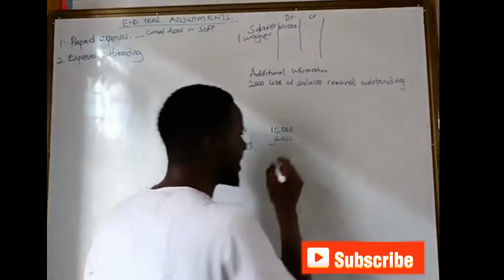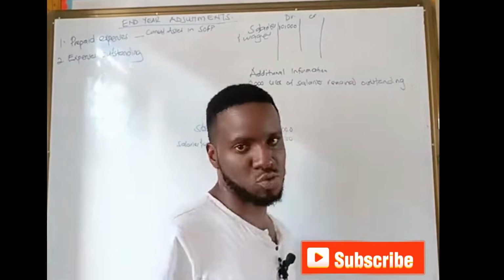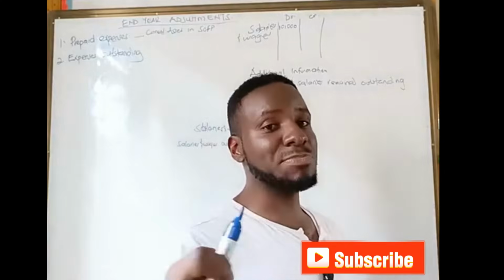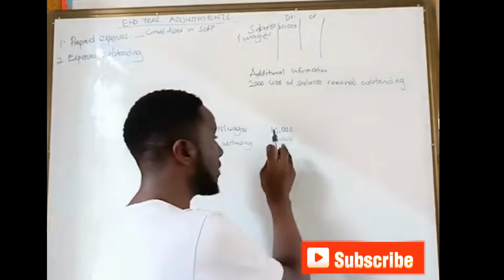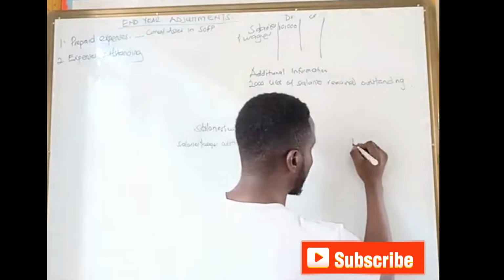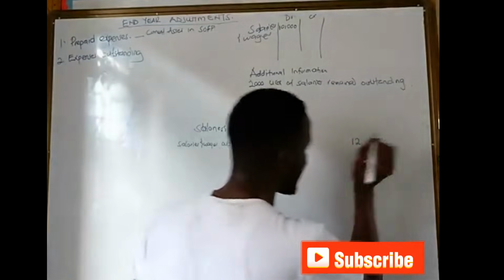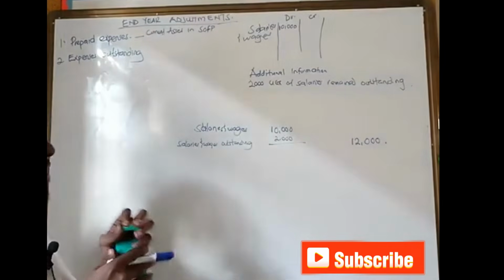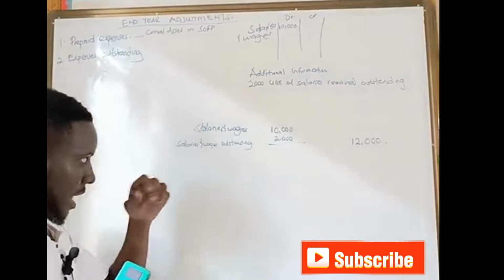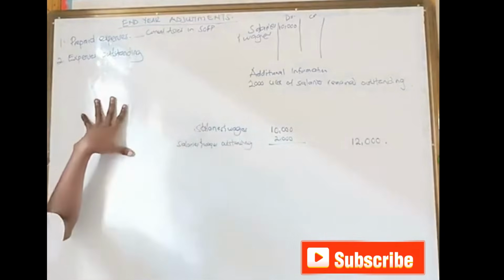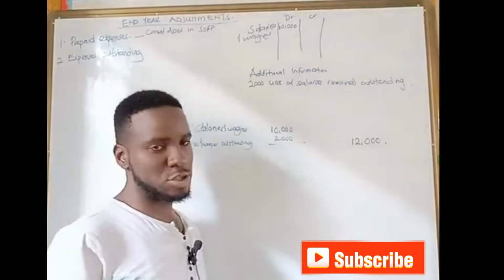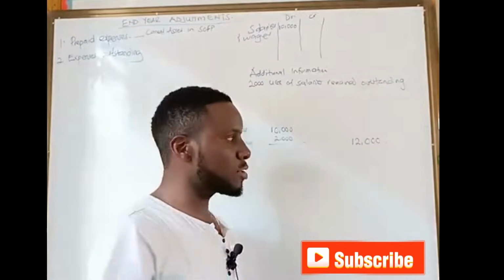This time we shall add it because you have to pay that too. It is an expense that you are supposed to pay. That means we shall take the final figure as 12,000. So when it comes to expenses outstanding, we shall be adding to the expense.